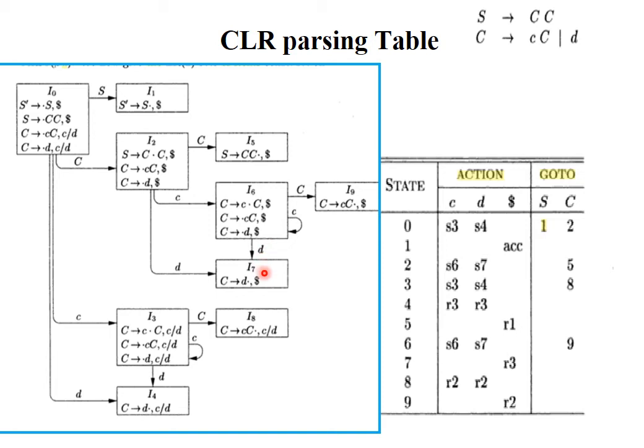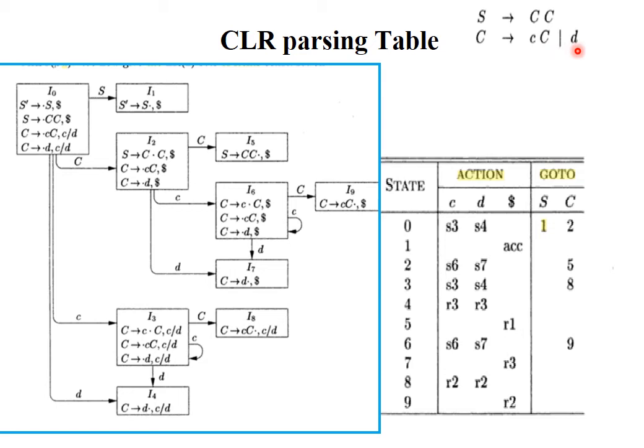What is the case of C gives small c capital C dot, R2? We have to find where that item ends: C gives CC dot, comma dollar, that is I9. Corresponding to 9, we write R2 under dollar. Similarly, C gives CC dot also comes in I8, but the lookahead is different.